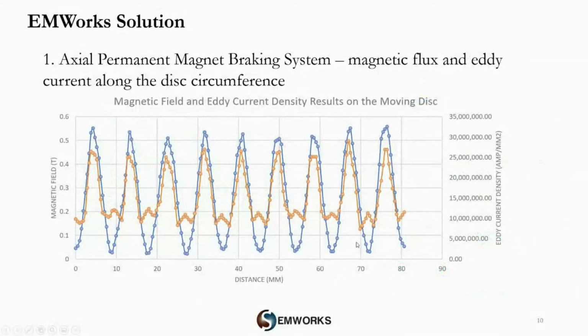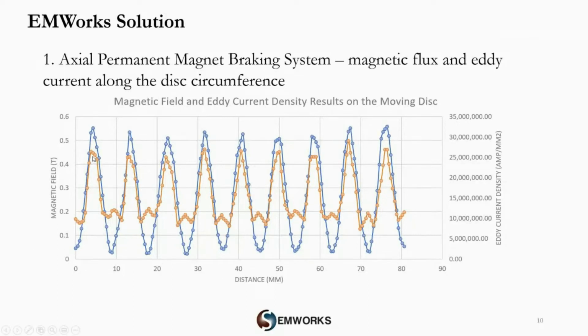This is some other plot. This is the magnetic field, the blue, and the orange purple is the current. I'm just taking a circle, a few points along an arc on the disk, and seeing how the magnetic flux density varies as a function of position, and it's somehow periodic.